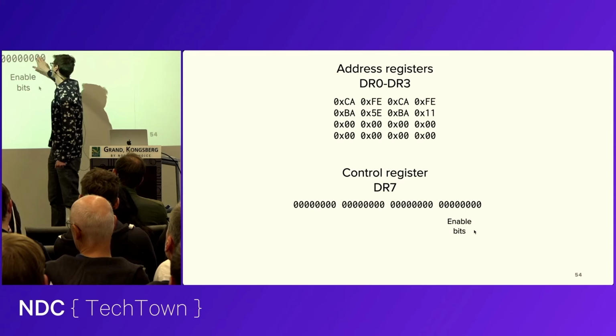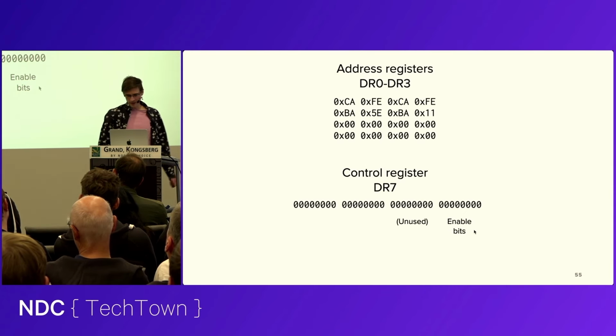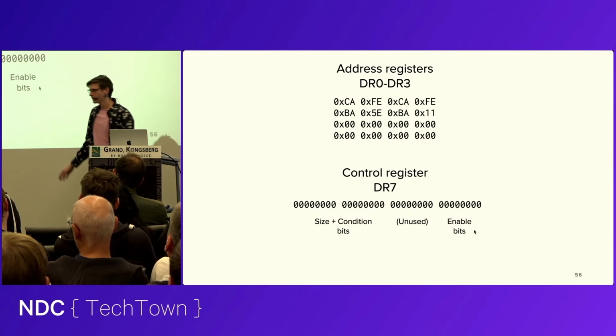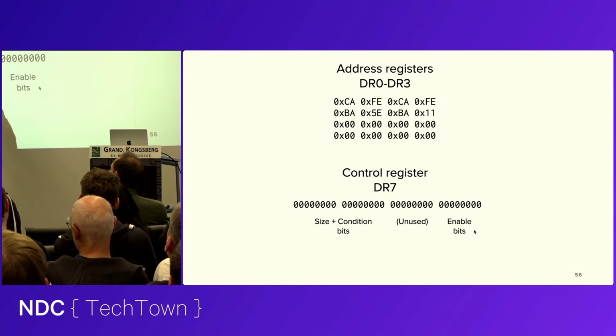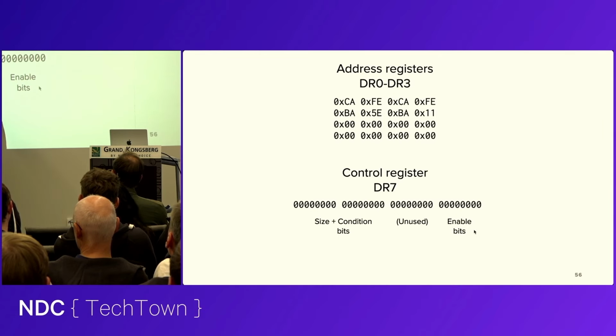But yeah, 2 bits per register. Then we have just unused 8 bits in here, and then we have size and condition bits. I'm not going to go through exactly what the encodings of these are because it's not really important, but basically you get 2 bits for the condition, 2 bits for the size for each of the 4 registers.